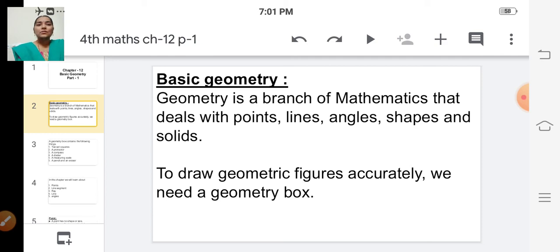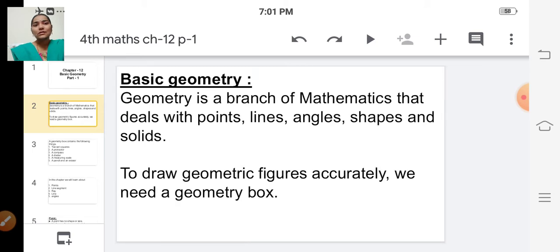So basic geometry. Geometry is a branch of mathematics that deals with points, lines, angles, shapes and solids. To draw geometric figures accurately, we need a geometry box.